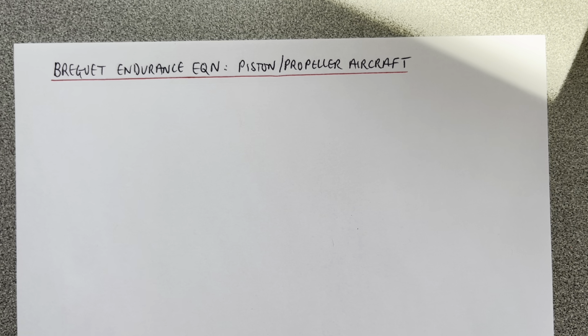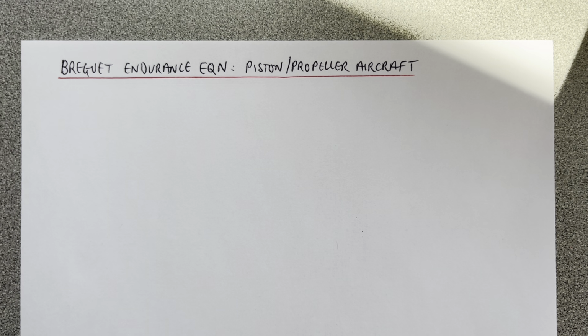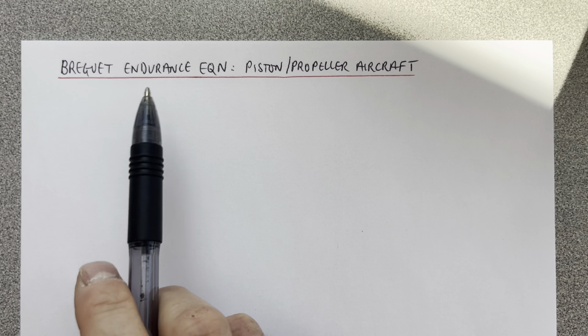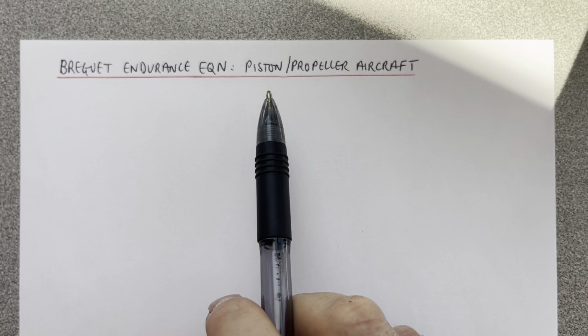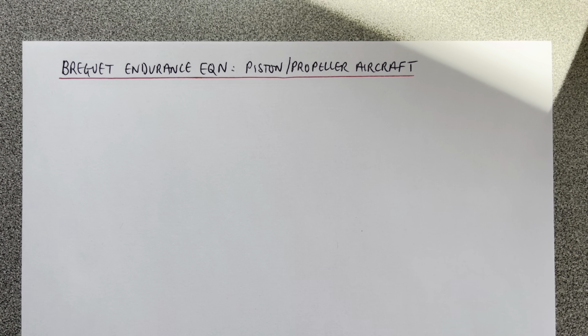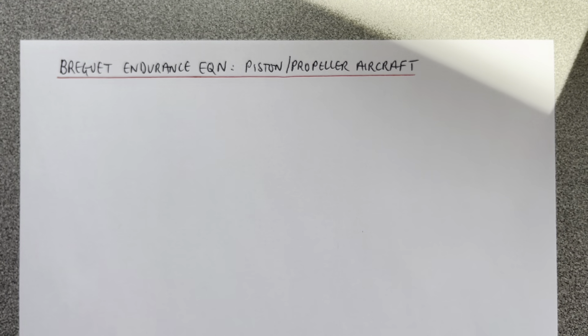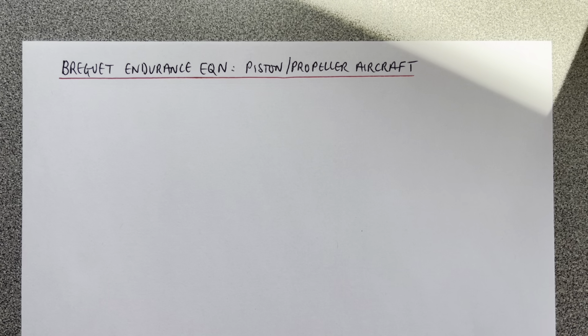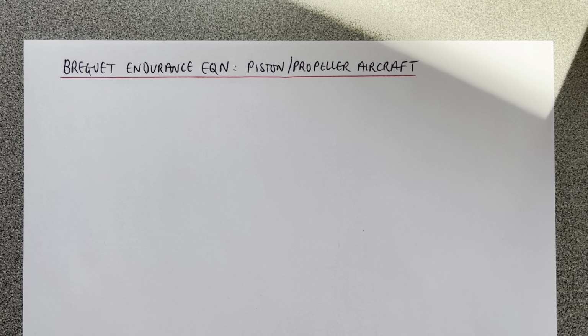Just a quick note as to why we have to do this type of analysis separately for different types of propulsion system: endurance and range depend upon how the propulsion system of the airplane produces thrust, and so the governing equation for range and endurance for a piston propeller driven airplane will be different to that of a jet powered airplane.